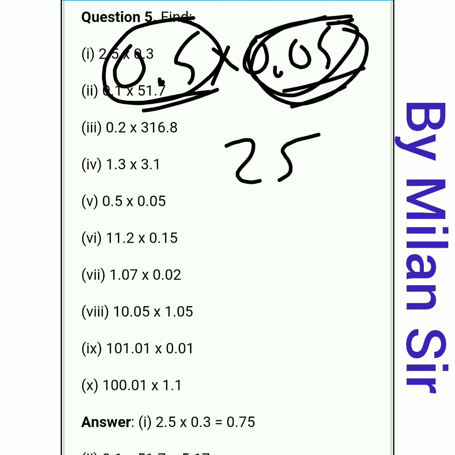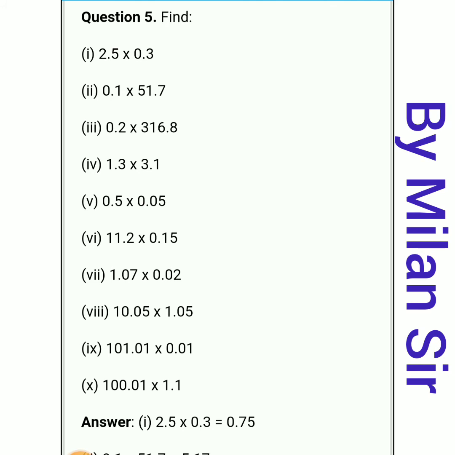So total we have three digits after the decimal point. So in answer, before three digits we need to put the decimal point, but here we have only two digits, so we need to put 0, so it becomes three digits, and before that we need to put the decimal point and here 0, so 0.025.